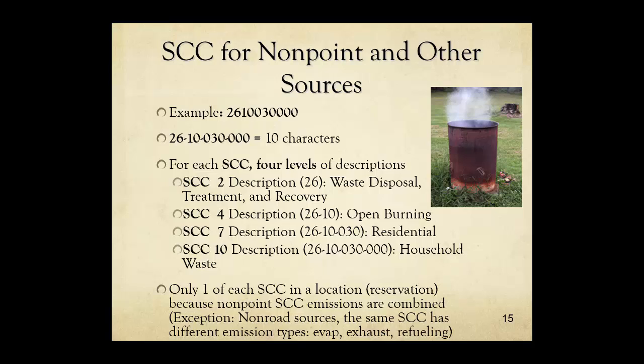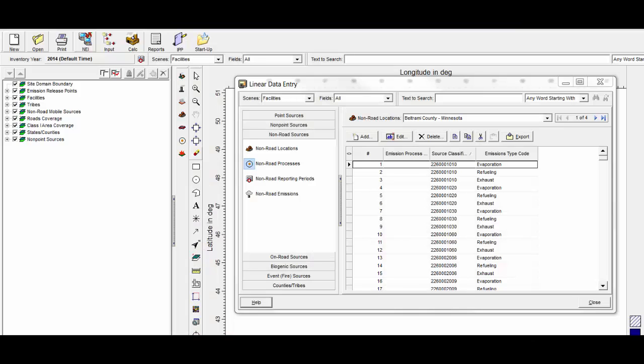You may have other wood stoves that are not catalytic converter wood stoves, and that would be a different SCC. So for example, for this non-road process, I'm in the non-road sources category of the input, or linear, data entry panel.